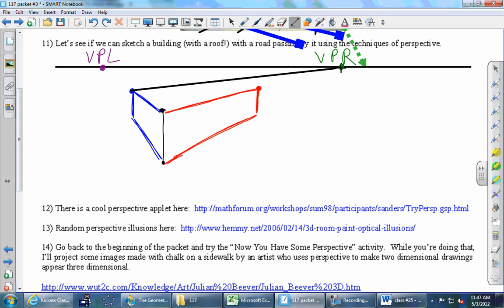Okay, so it's your left roof point to the right vanishing point. And then we have one more line to draw in. That's the right roof point to the left vanishing point. So go ahead and draw that line in so I have these crisscrossing lines.